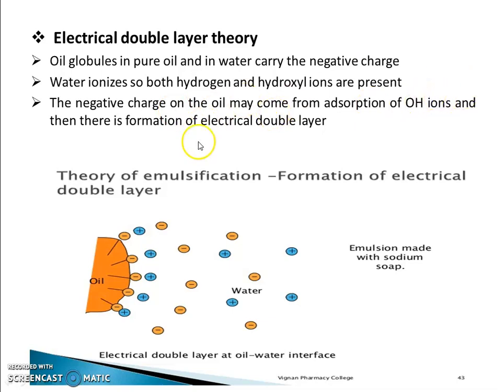Thus there is a formation of an electrical double layer. In the diagram, this is the oil droplet which adsorbs the negative charge, so automatically the positively charged ions are attracted and there is a formation of this electrical double layer, which acts as a resistance to the coalescence of the droplets, and thus stabilizes the emulsion.